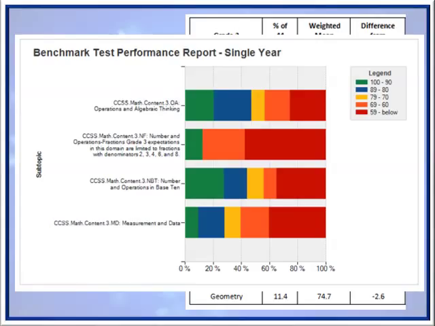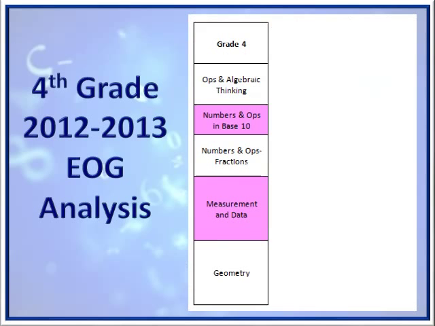However, looking at the big picture, because fractions is so heavily tested and fractions was an area of weakness on the EOG last year, I would still say it would be really safe to go ahead and just remediate in fractions and measurement and data. So we'll look at some tips and strategies for remediation in a little bit.